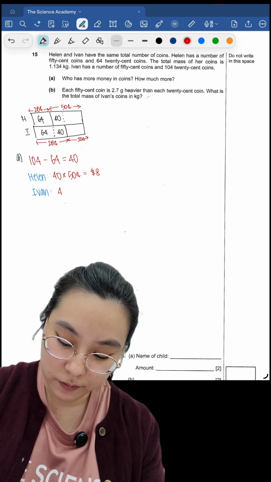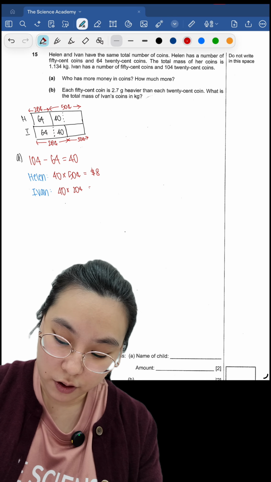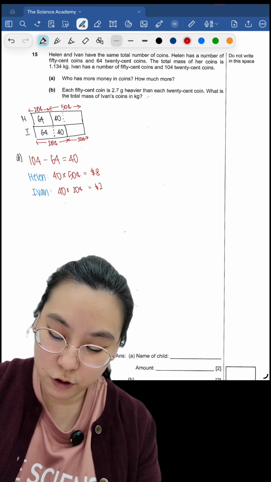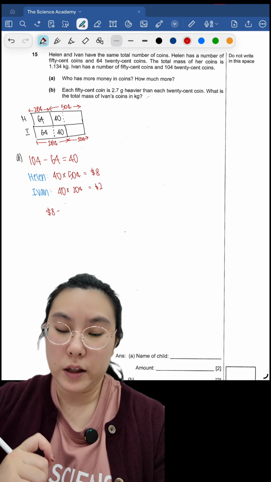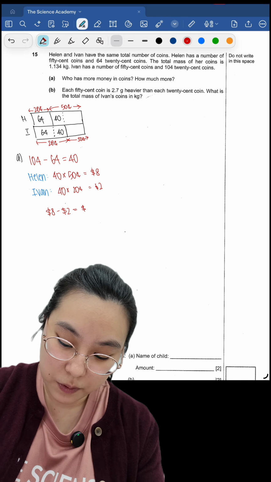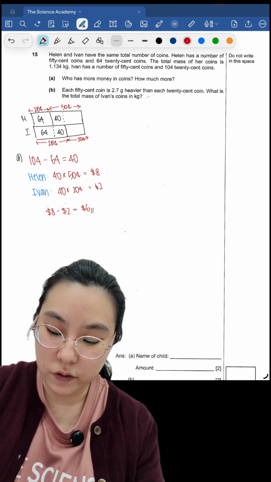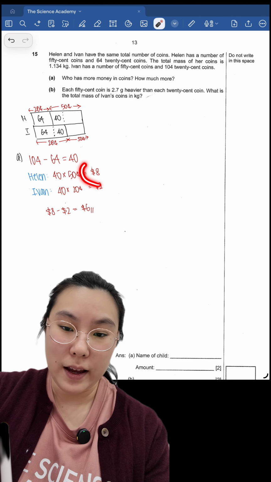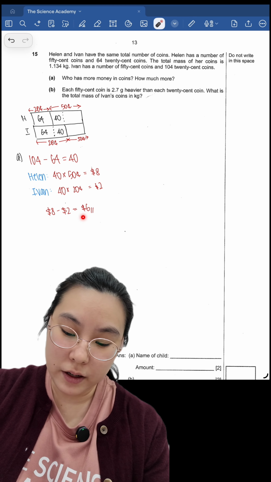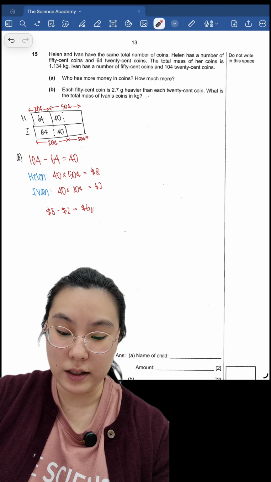And for Ivan, the 40 coins are all 20 cents, which would give a value of $8. So therefore, the amount difference would thus be 20 minus 8, giving you an answer of $12. And thus, Helen has more money in coins, and it is $12 more.